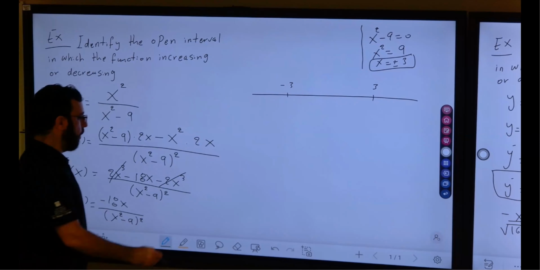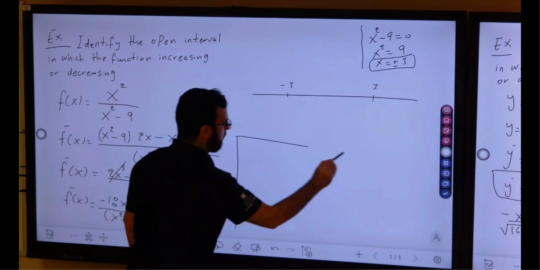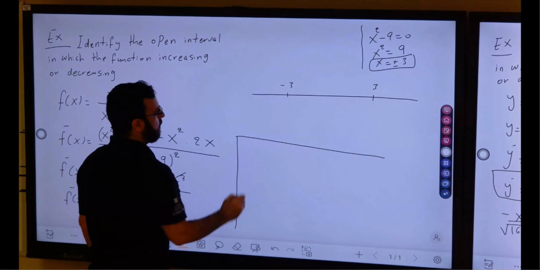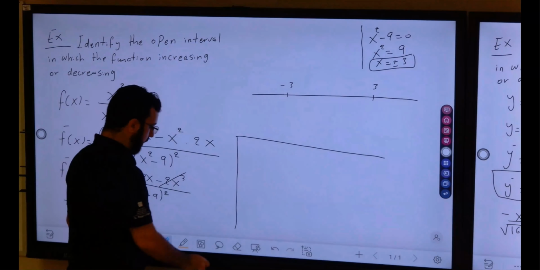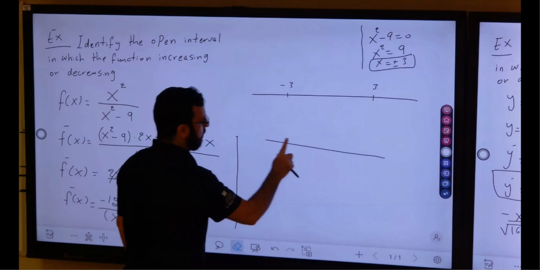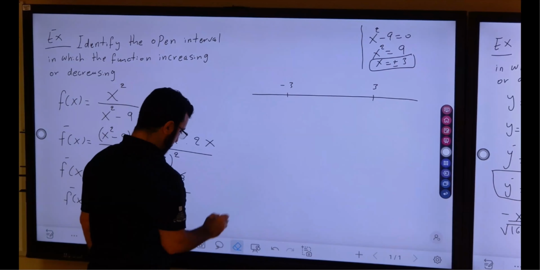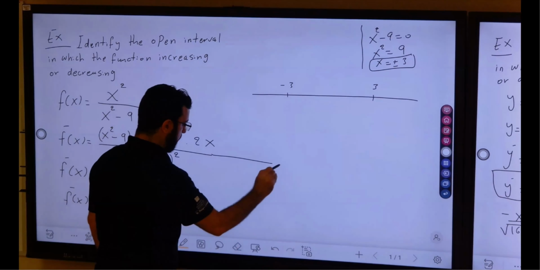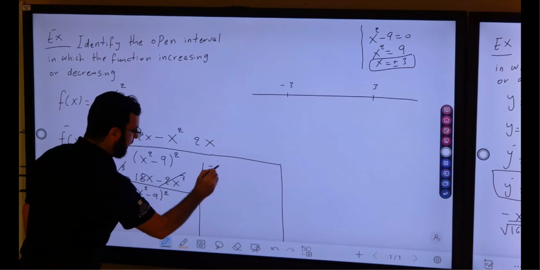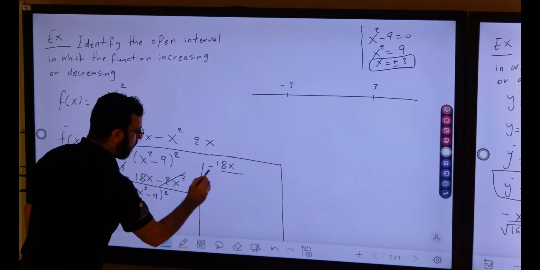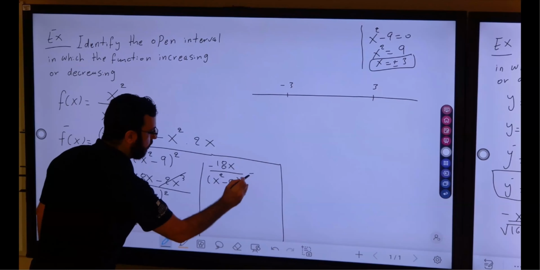Now we're going to set the whole thing equal to 0. So we're going to say negative 18x over x squared minus 9 squared equals 0.